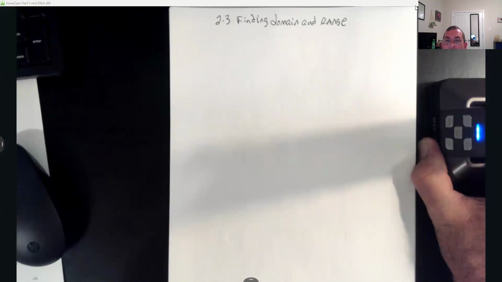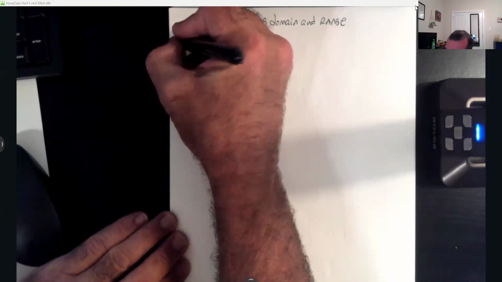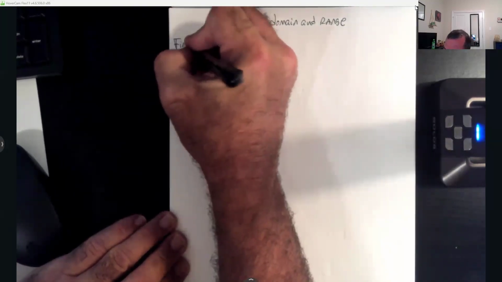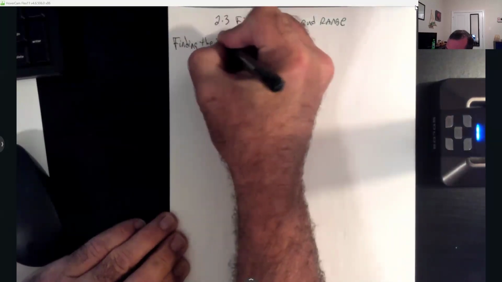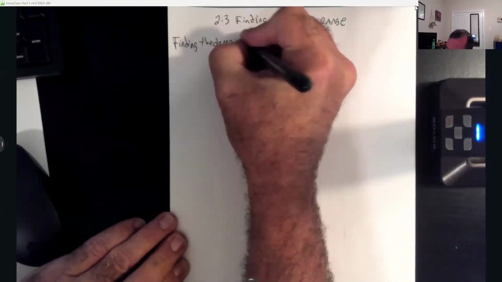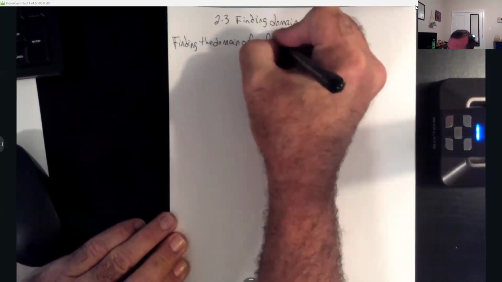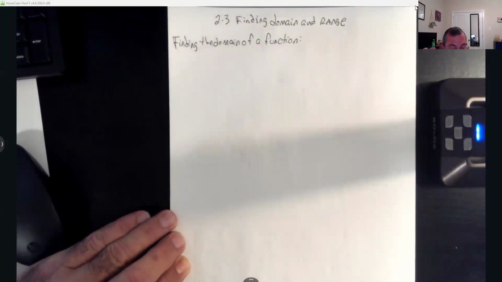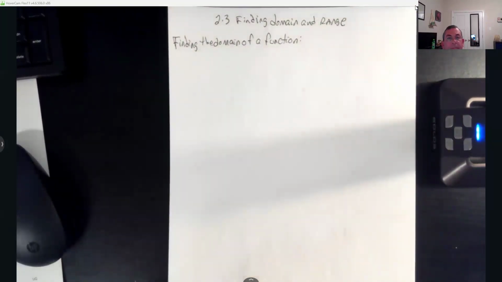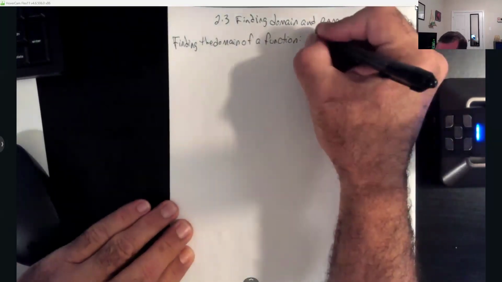So what we'll move on to now is actually finding the domain of a function. And that's going to be the big thing for us here, okay? So we're going to be finding the domain of a function. So y'all, here's the thing. The domain of a function.